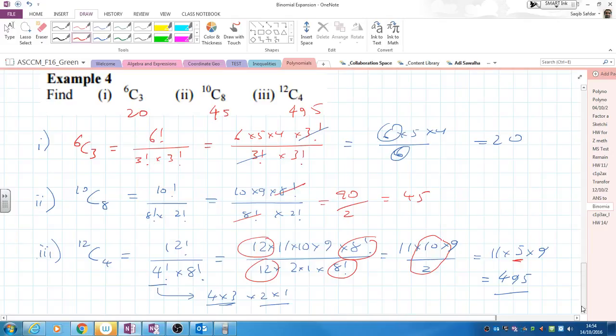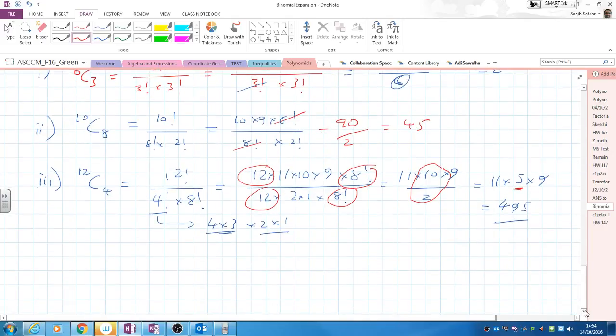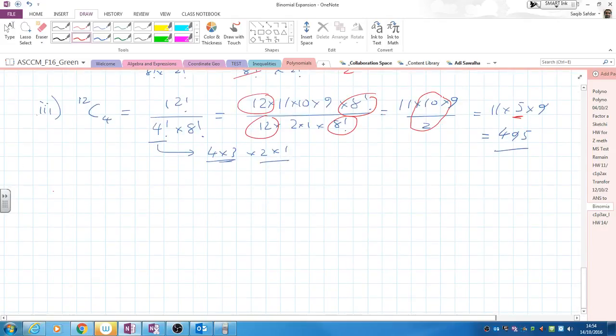Okay, but there's another trick. Okay, the little tricks work like this. Can everyone look up? Trick number 1. If I've got 12C4, because I've got 4 at the bottom, I can write down 1, 2, 3, 4, times sign in between.